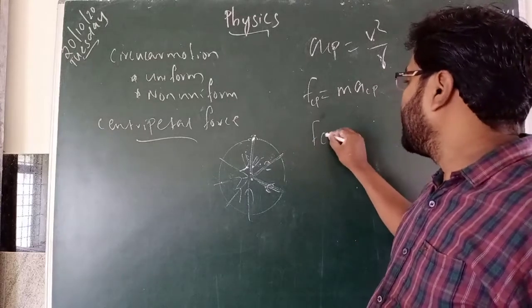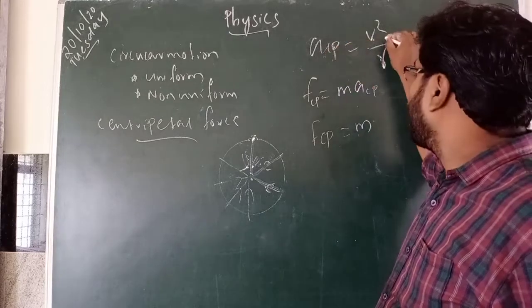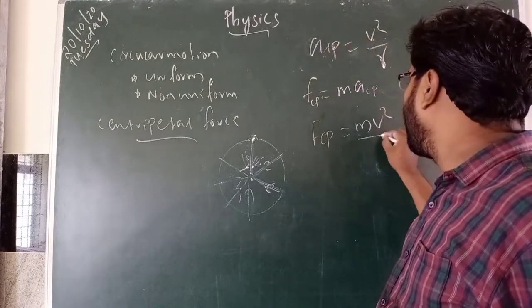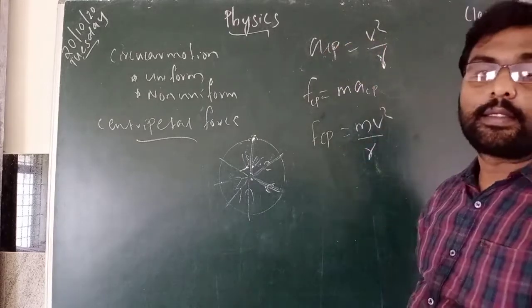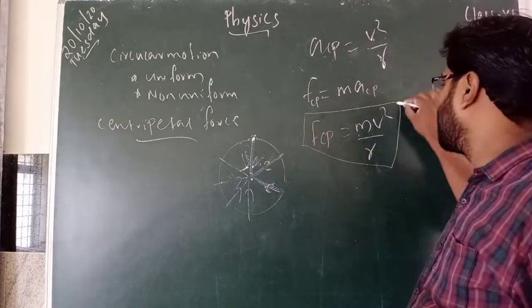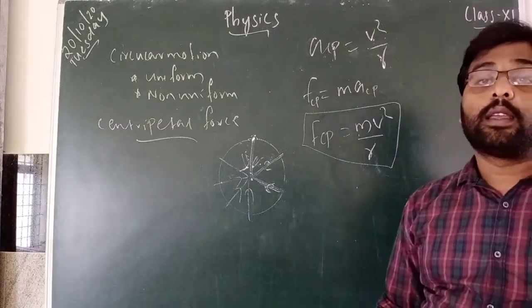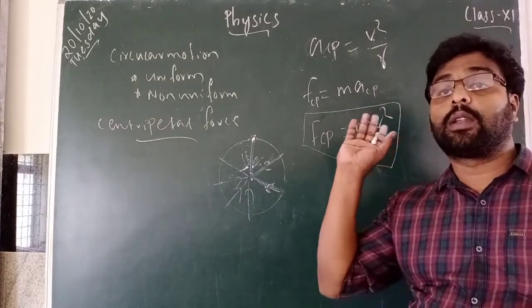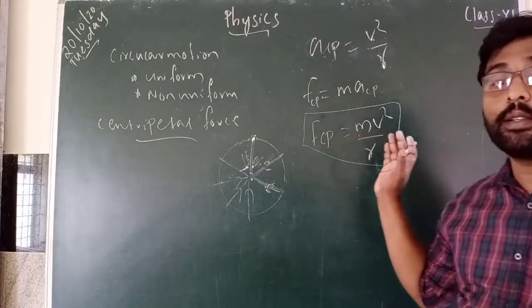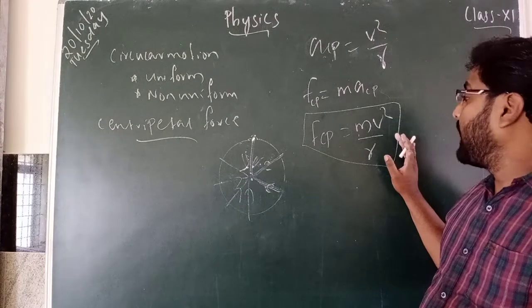So F_cp is equal to m, and instead of a here, we can put V square by R. This is the centripetal force which we get by analyzing this circular motion using Newton's law. F_cp is equal to mv square by R.